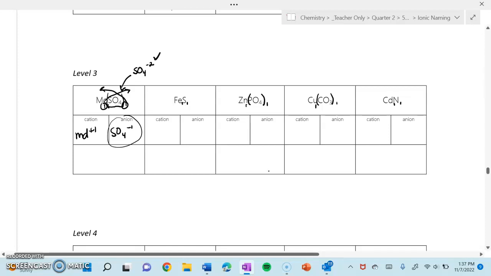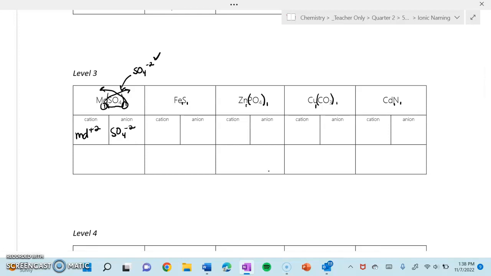So what happened was, this is an example of one that was reduced. So let's unreduce it. To get sulfate back to -2, we just need to double our charges here. +2 and -2. Now we are set with the correct charge.